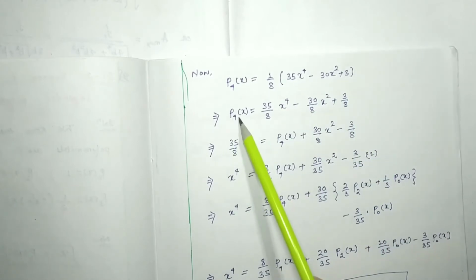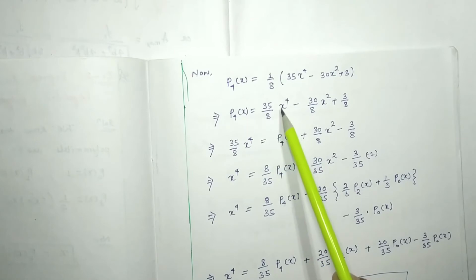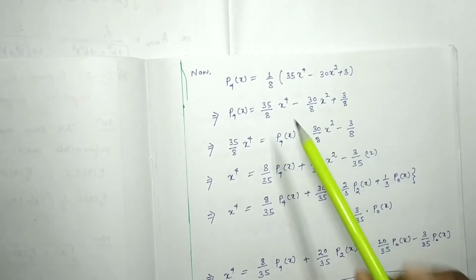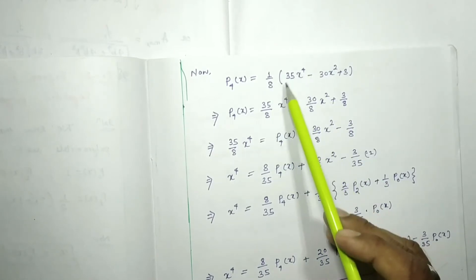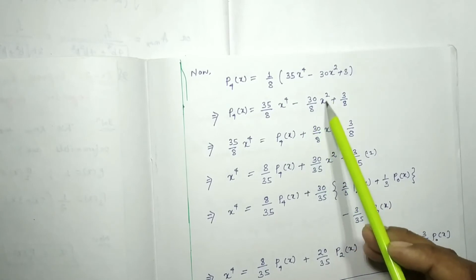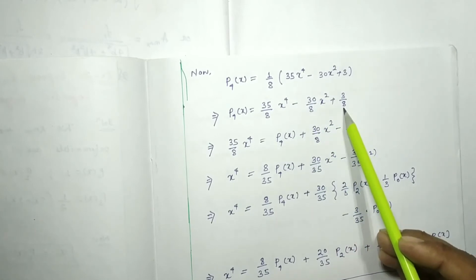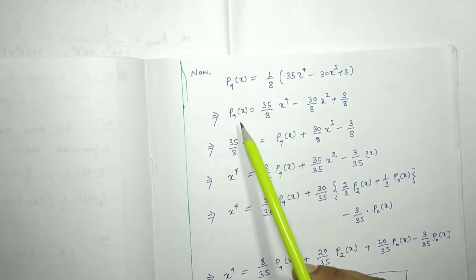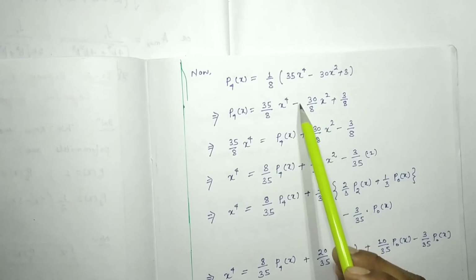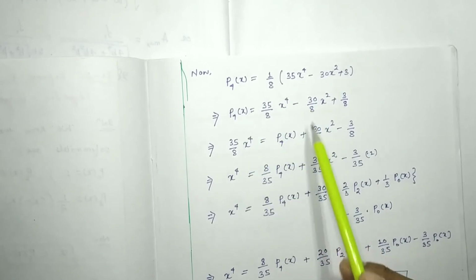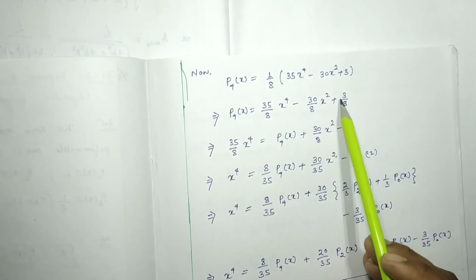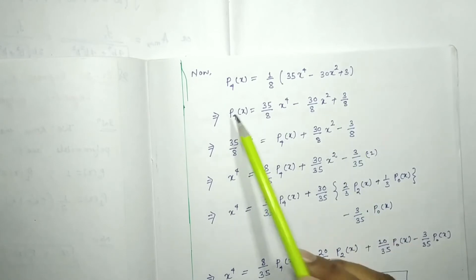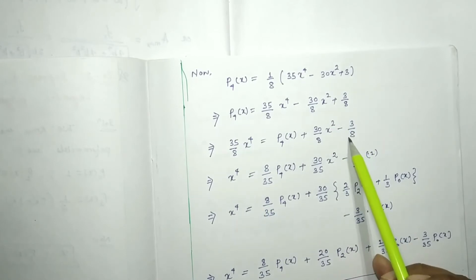That implies p4(x) will be equal to 35 by 8 x to the power 4 minus 30 by 8 x square plus 3 by 8. Okay, now that implies 35 by 8 x to the power 4 will be equal to p4(x). This minus is going to this side, it will be plus 30 by 8 x square, and this plus if we move to this side it will be minus 3 by 8.